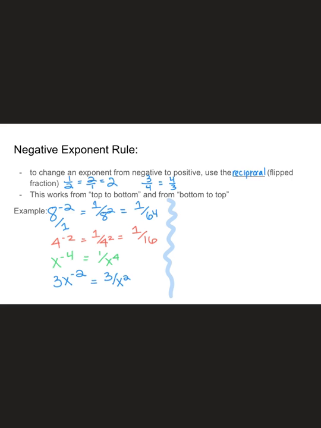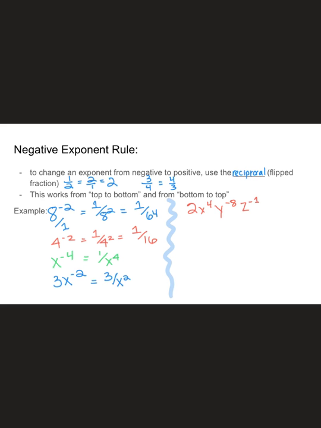We can also have some where we have multiple parts and only some are going to drop to the bottom and others are going to stay on the top. So let's see. An example of that could look something like this. We could have 2x to the fourth, y to the negative eighth, and z to the negative first.